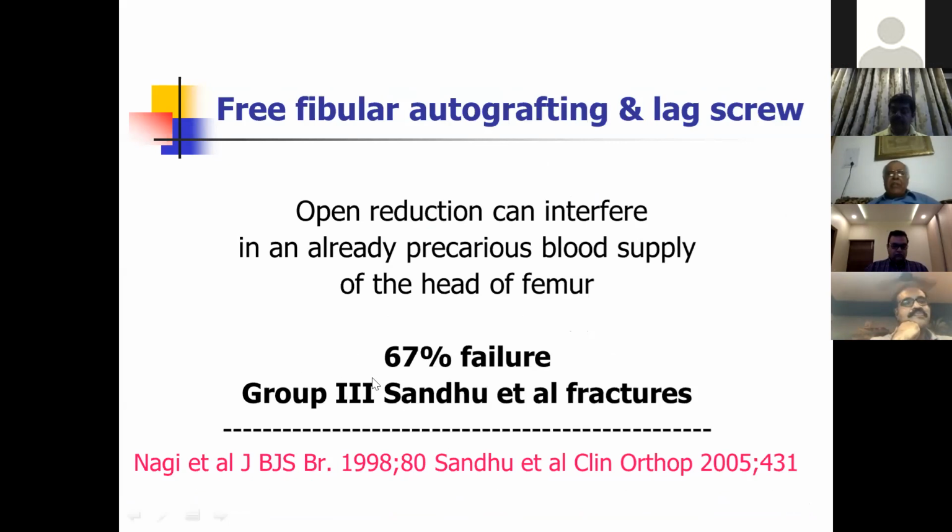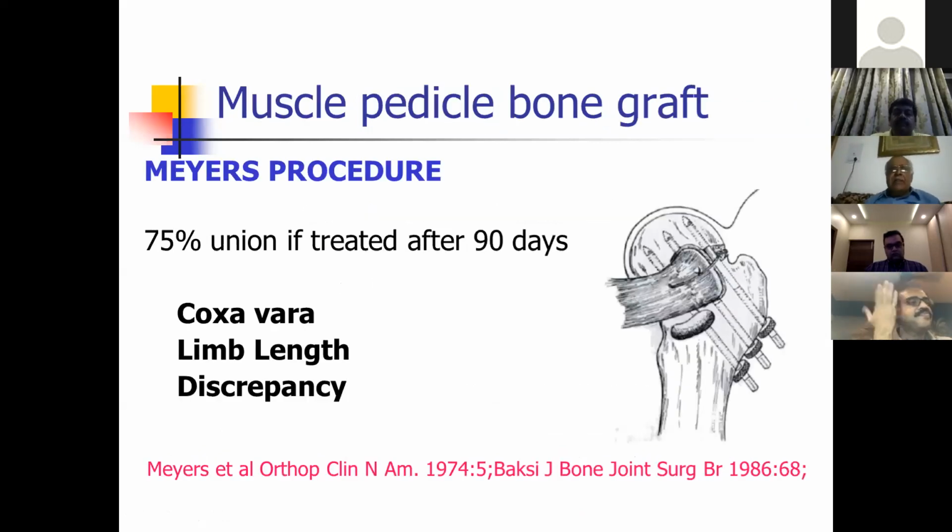In type 3 of Sandhu's classification, which I just mentioned, where the fracture gap is more than 2.5 centimeters, or there is avascular necrosis, the failure rate is 67%. So again, this method will not apply to all these patients in group 3. Now, most of the people are still doing the Maya procedure in this country.